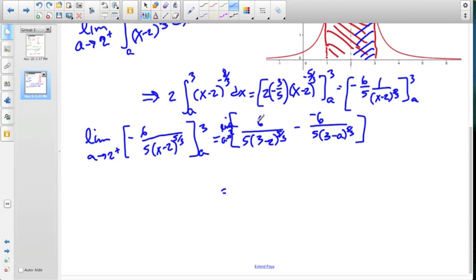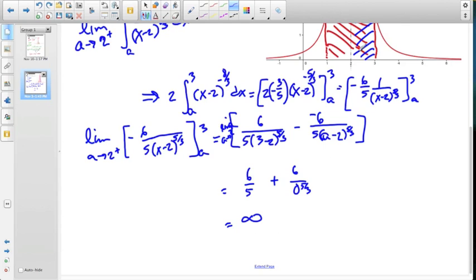As we look at this, this is 6 over 5. Minus a negative is a plus, and then we get a 6 over, and I wrote this wrong, this is a minus 2. So this is a minus 2. As we put in a 2 here, we get 0 to the 5/3, so that's infinite.